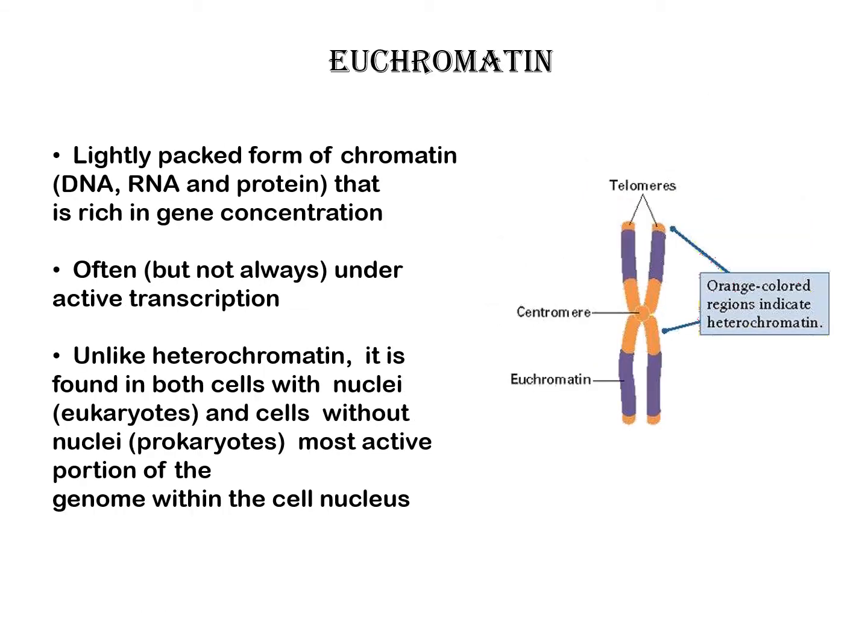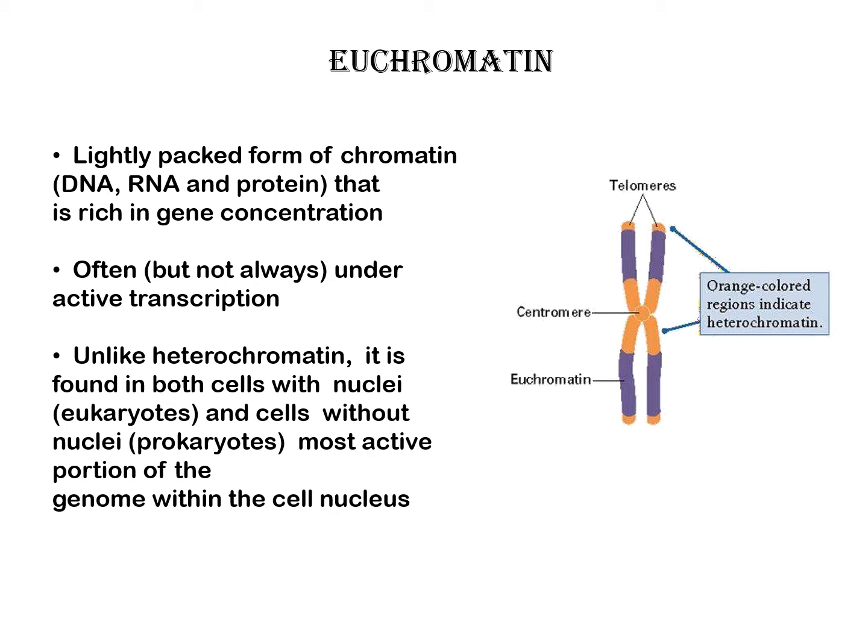Euchromatin forms the major portion of the chromosomes. It is the lightly packed form of chromatin in which DNA, RNA and proteins are present, and it is rich in gene concentration. Usually, but not always, it is involved in active transcription as it contains genes for the synthesis of RNA.